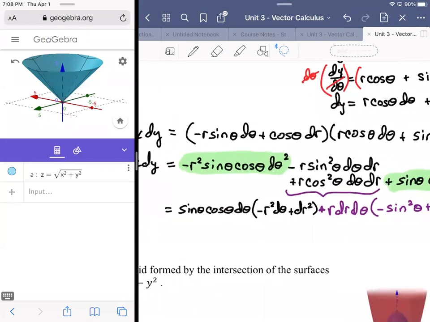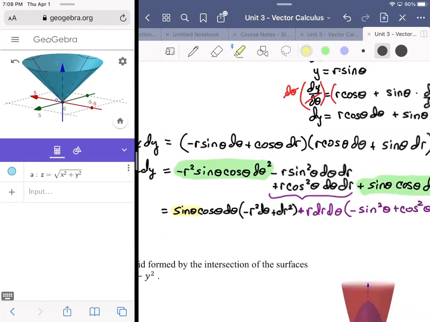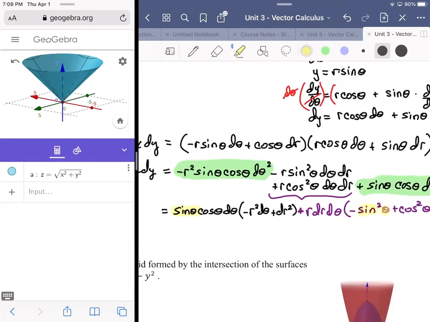So what we do is we replace my sines with y over r, and I replace my cosines with x over r. All right.